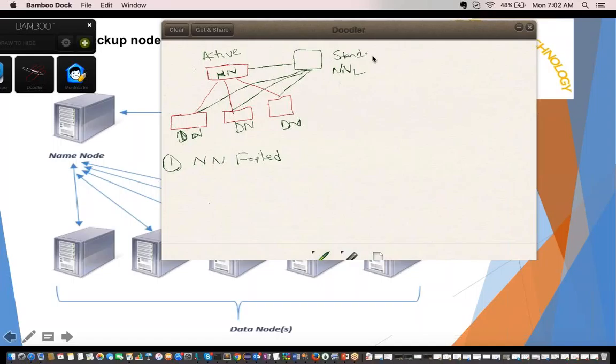Whatever the active guy, the primary manager, knows, the same information is there with the standby manager. So whenever he is not available, he can take a decision and continue the work without any time delay. This is called HDFS high availability, Hadoop high availability.